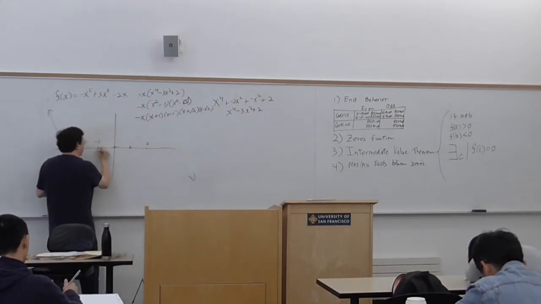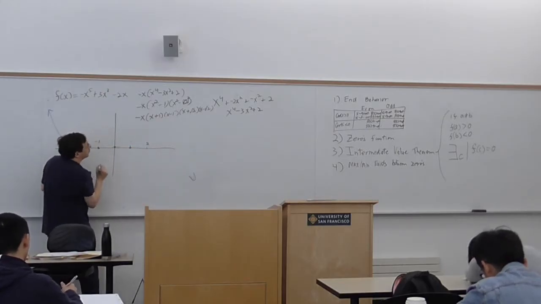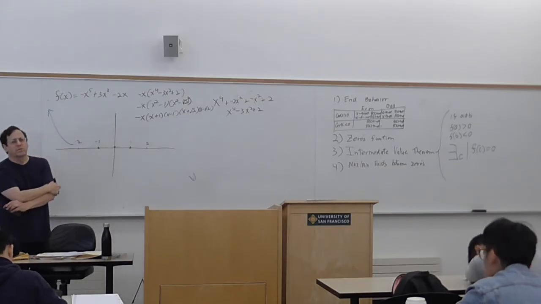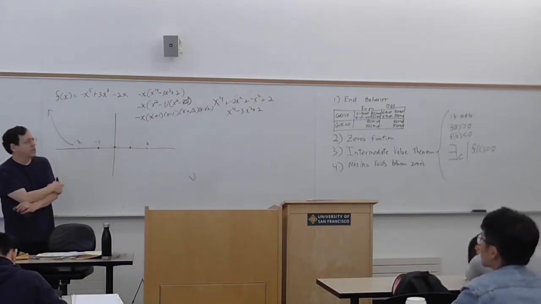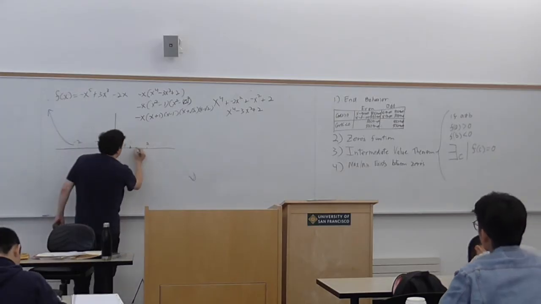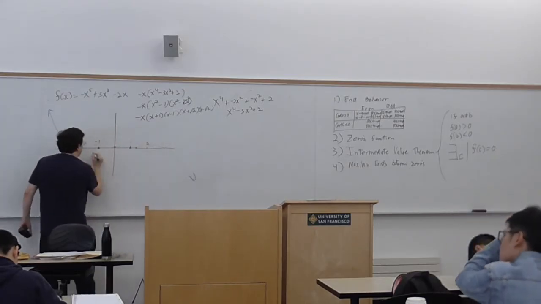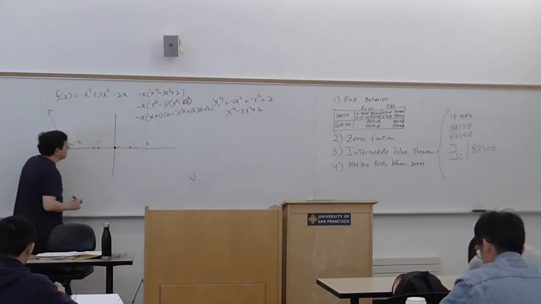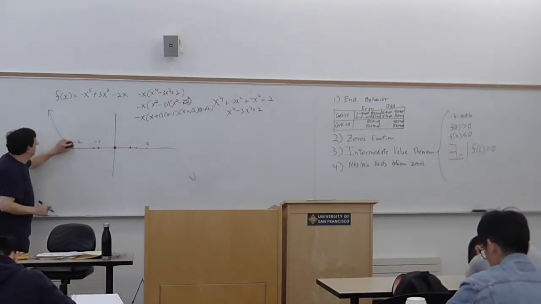At 1 and -1, I have a 0. Square root of 2 is about 1.4. So I've got another 0 here, and another 0 here, and I've got a 0 at the origin.